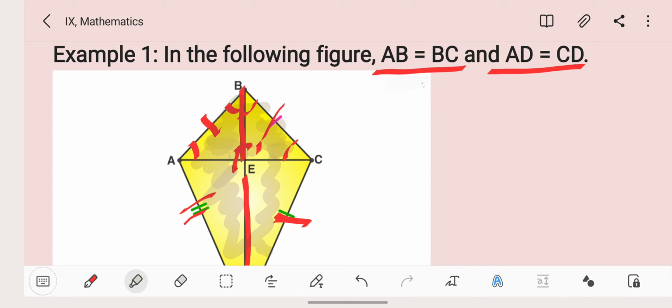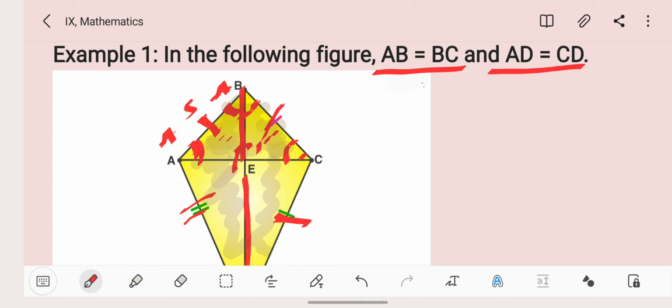The other thing is given, AB equals BC, and these two angles from the previous CPCT are equal. This angle equals this angle, this side equals this side. So by ASA congruence criterion, these two triangles are congruent.